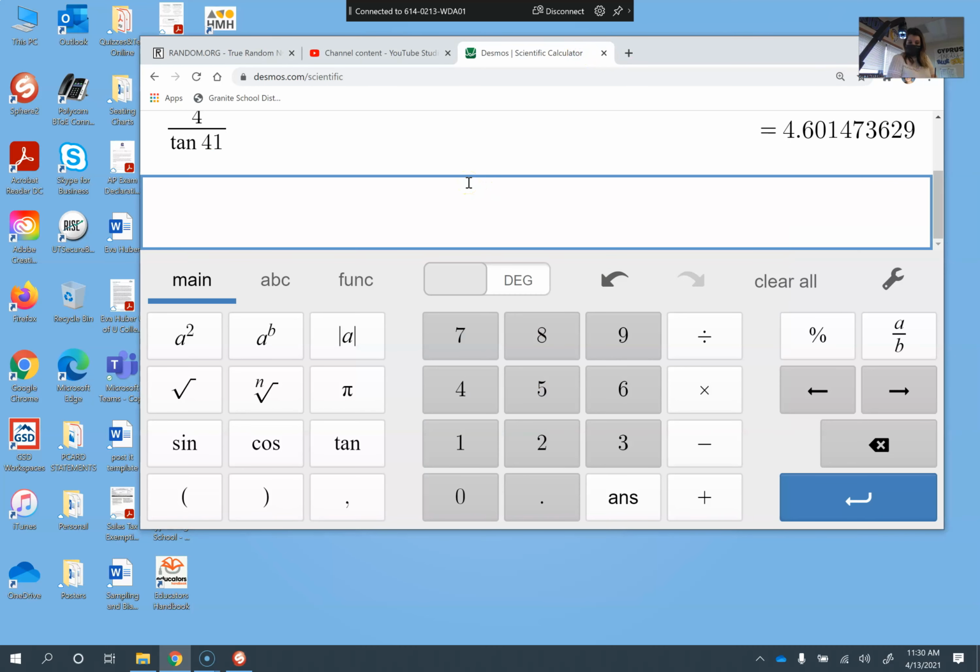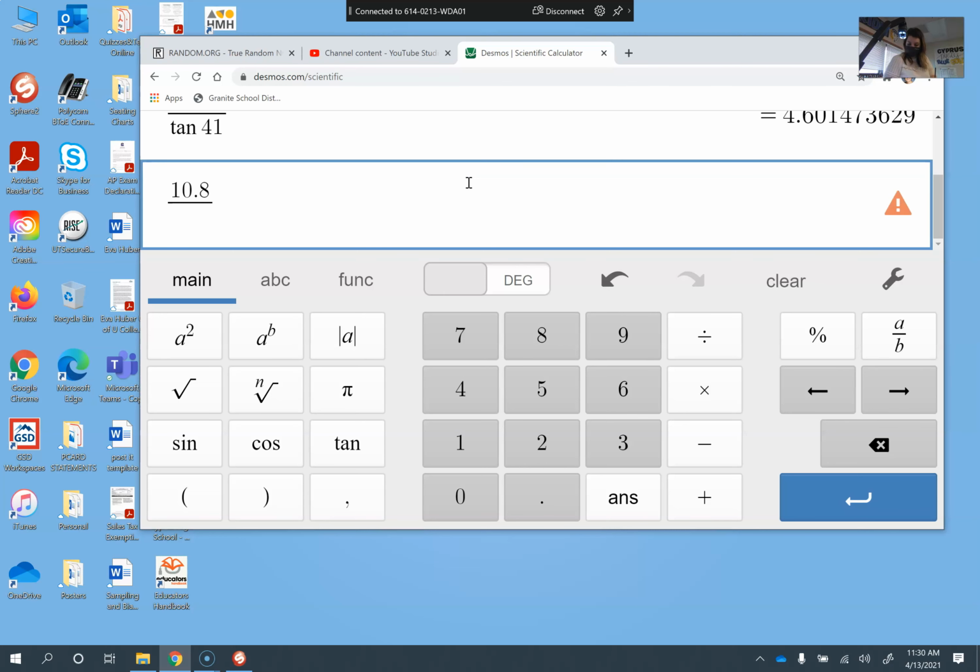I'm going to type in 10.8 backslash sine 57, and that gives me a side length of 12.88.